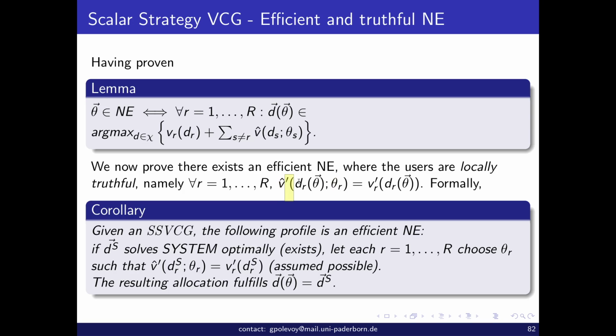The derivative of that function at the vector which is chosen based on all the reports is equal to the derivative of the original function Vr, the actual private value of this player, at this vector which is chosen based on the report. So the derivatives, in that sense, it's truthful. The derivatives are the same. So it's truthful and efficient, but it's only guaranteed that there is such an equilibrium.